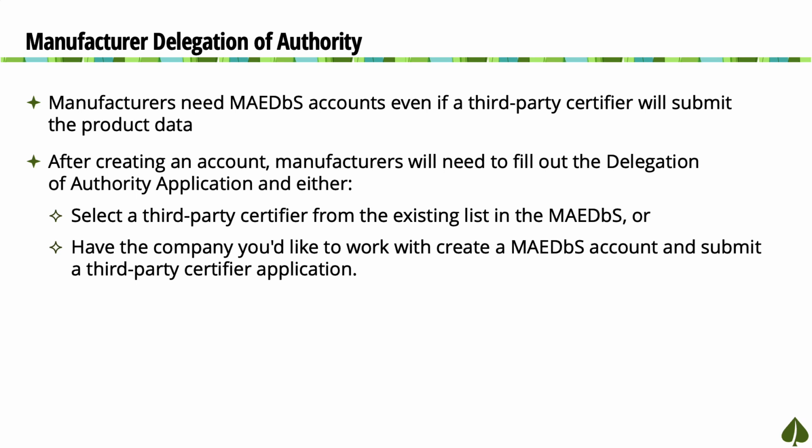Check out Part 5 of this training series to learn about third-party certifier applications. We will review how to select a third-party certifier and submit a Delegation of Authority application later in this module.